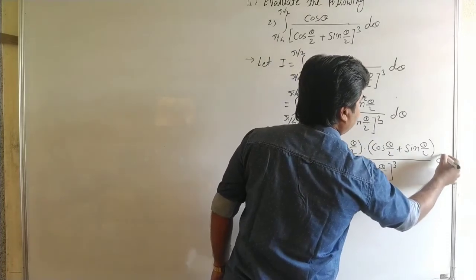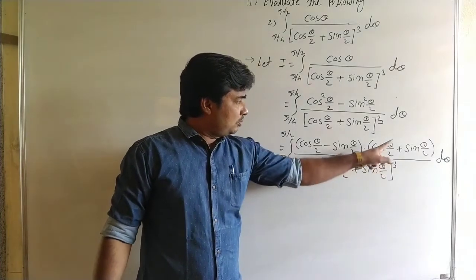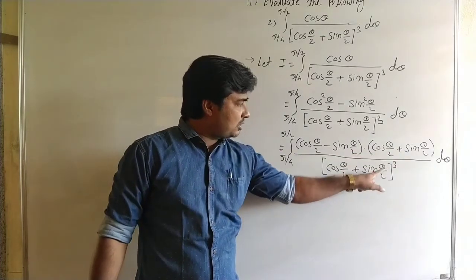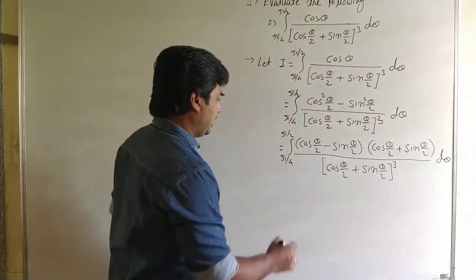d theta. Okay, and now this cos theta by 2 plus sin theta by 2 and here cos theta by 2 plus sin theta by 2 cube, then one bracket we cancel.